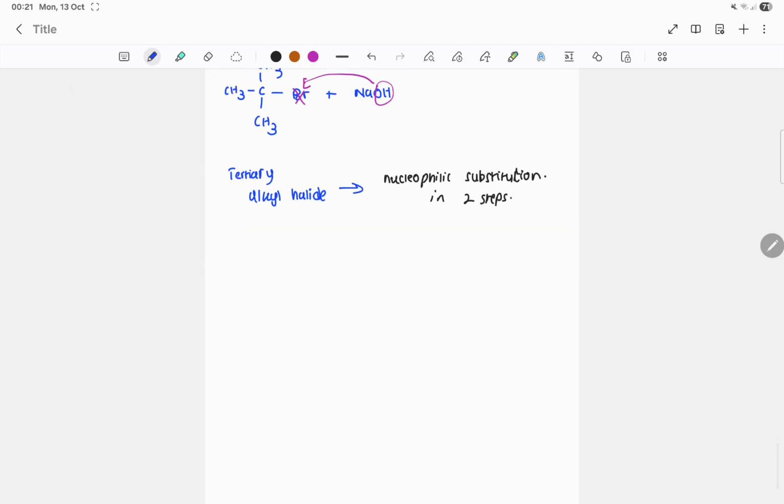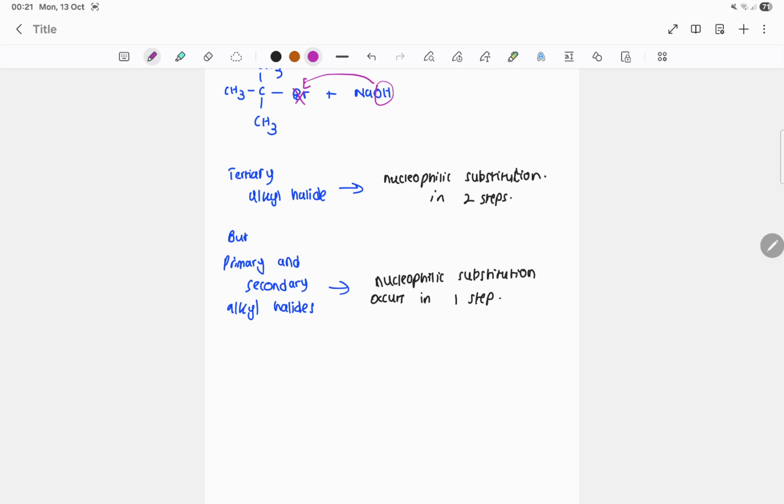But for primary and secondary alkyl halides, nucleophilic substitution occurs in one step.